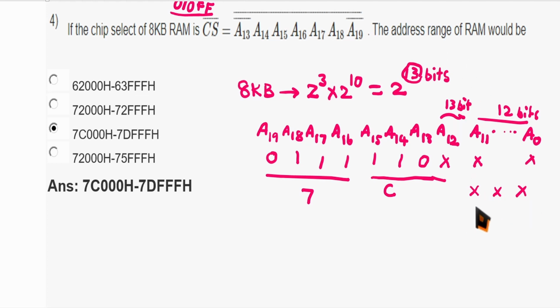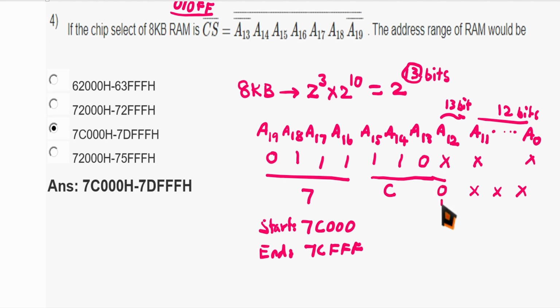So if it is 0, 0, 0, it will be giving the starting address. That means starting address will be 7C000. Ending address will be 7C, and the maximum value will be F, F, F. Here we have X. So for starting address, it will be 0.